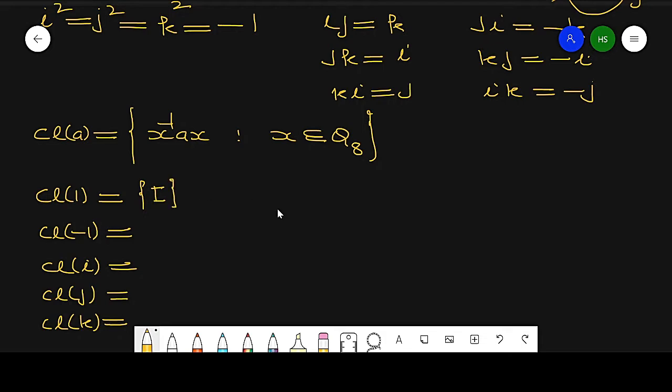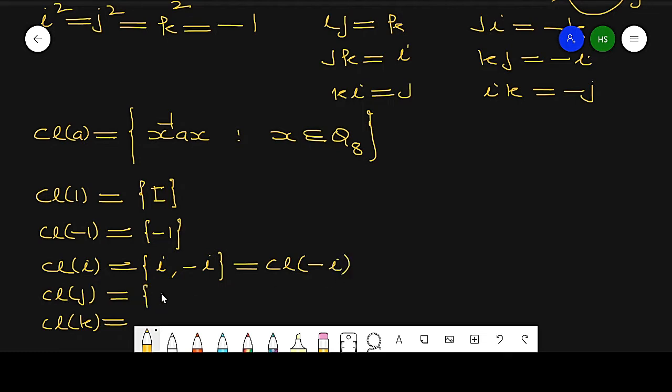And the second class is class of -1, consisting only of the element -1, and class of i, which consists of i and -i, so this is also class of -i.